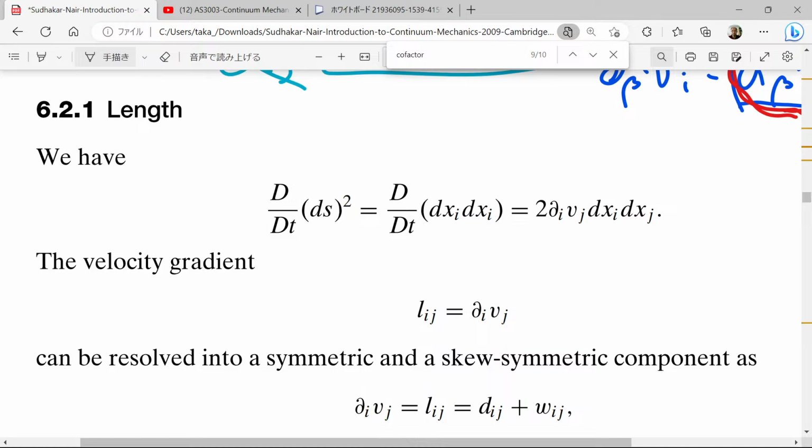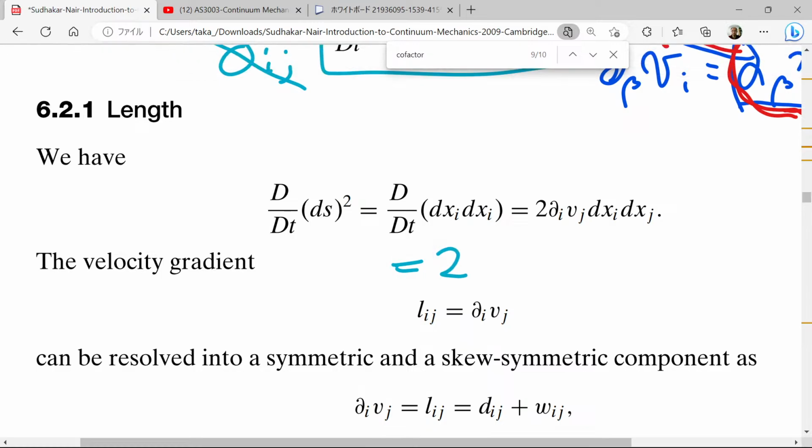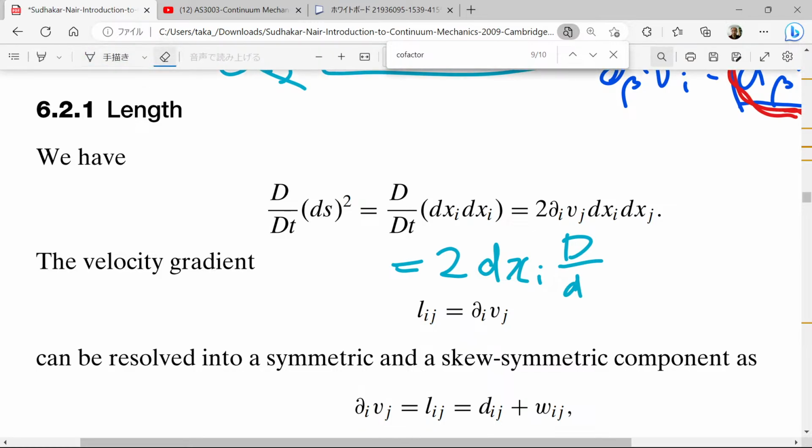This one I think we should do this. This equal to dxi, sorry, d dt dxi.